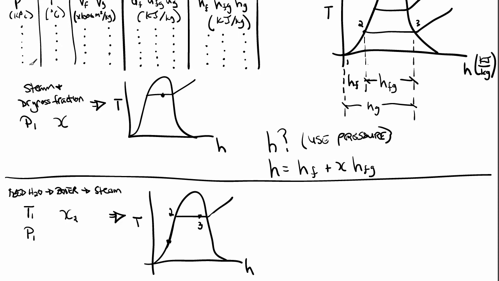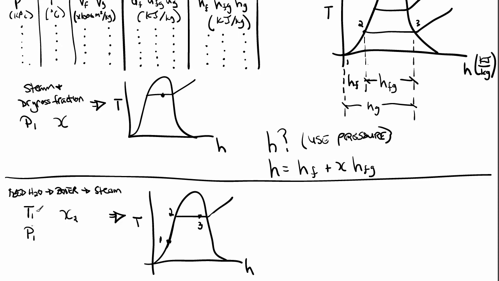Okay, so now what I've got to do is find out if state 1 is down here or whether it's up here, and I can easily find that out. I know it's given at some temperature. So if I go up to here and find the boiling temperature, let's say it's 500 kPa, that's my pressure, I should be somewhere above 100 degrees Celsius.